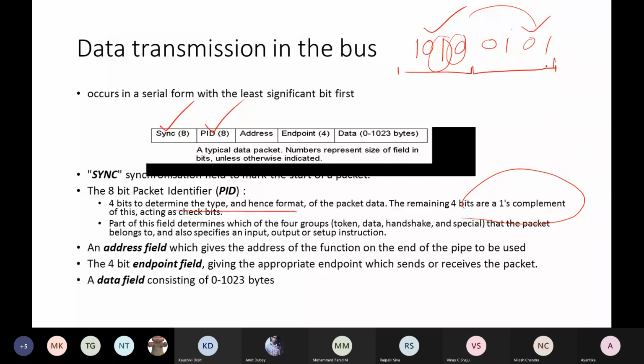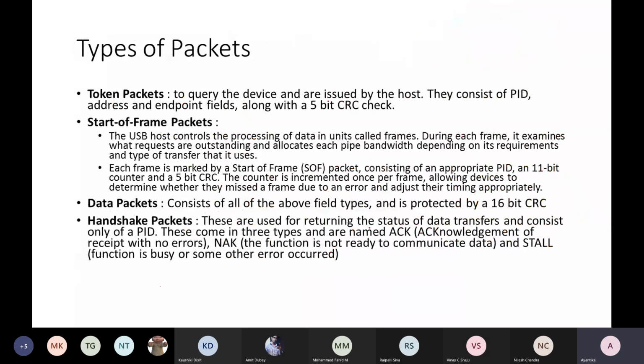Now, what type of information does the PID control? Mainly, it determines the type and the format of the packet data. There are 4 types possible. One is the token packet. This token packet is basically to query the device, whether the recipient is ready to send or receive data or not.